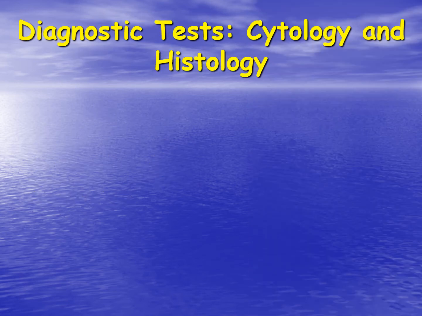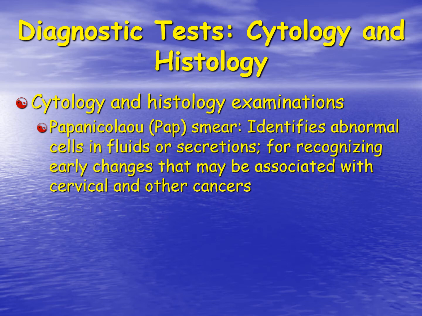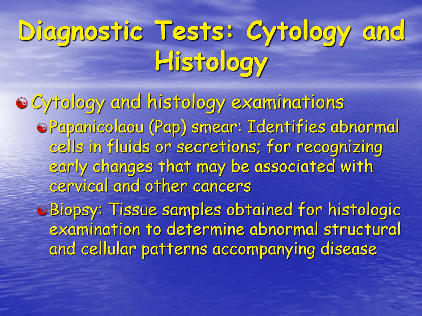We can also use cytology and histology as diagnostic testing, actually looking at the cells and the tissues themselves. Such as, for example, Papanicolaou, good luck saying that name, that's why we call it a pap smear, identifies abnormal cells in fluids or secretions for recognizing early changes that may be associated with cervical or other reproductive cancers in females.